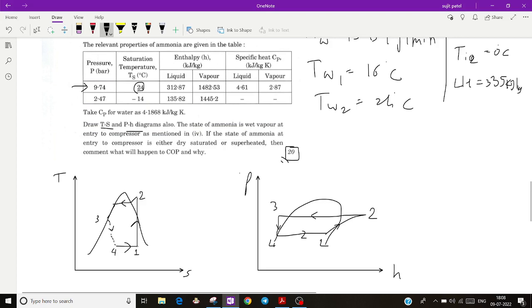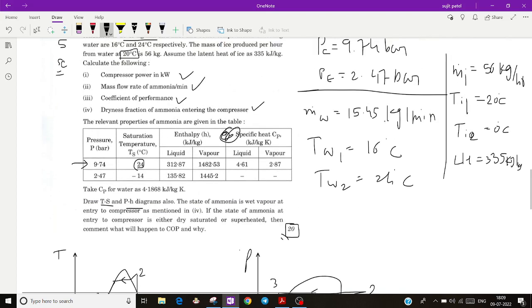If we had entropy data, then we could compare S1 equal to S2, but here no entropy data is given in the table. So what to do? We know the condenser is water cooled, so whatever heat is gained by the water, which is 15.45 kg per minute, changing temperature from 16 to 24.